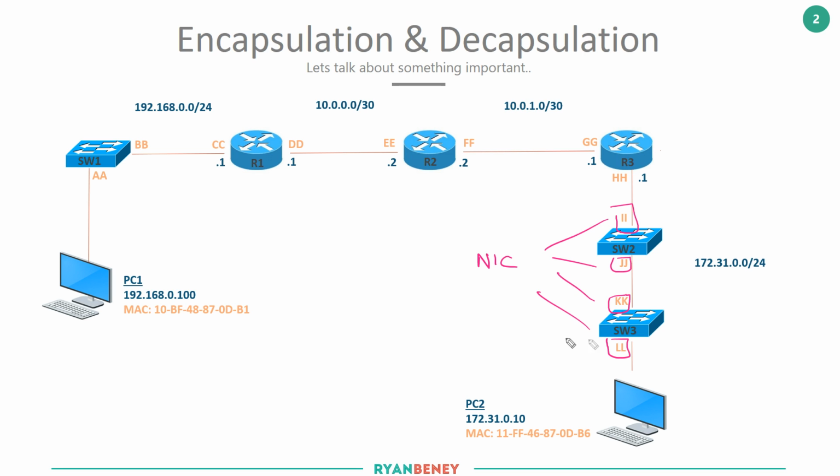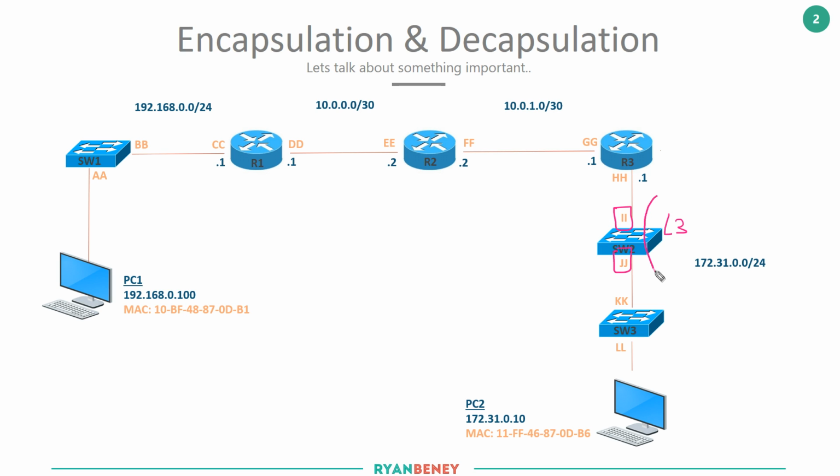But we also know from our previous lessons that we didn't really get into MAC addresses on the switch interfaces. And the reason for that is because the MAC addresses on the switch interfaces are rarely used. They're only used if the switch itself was to send some sort of layer 3 information, or if traffic was destined for those interfaces themselves.